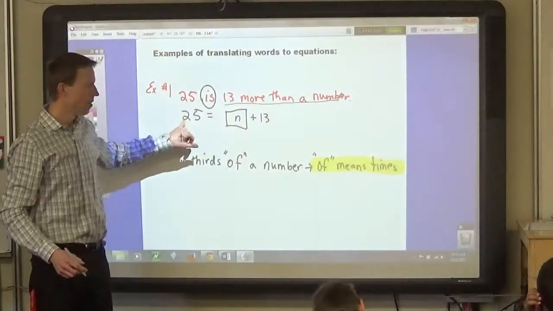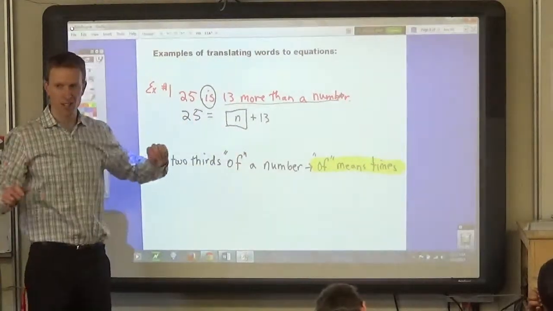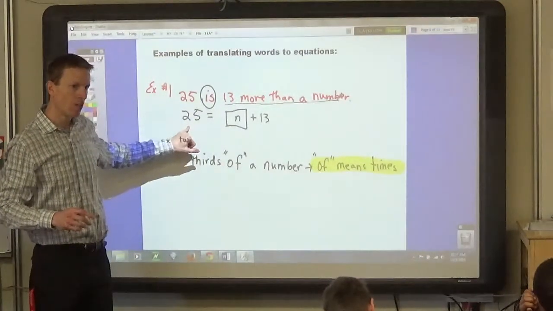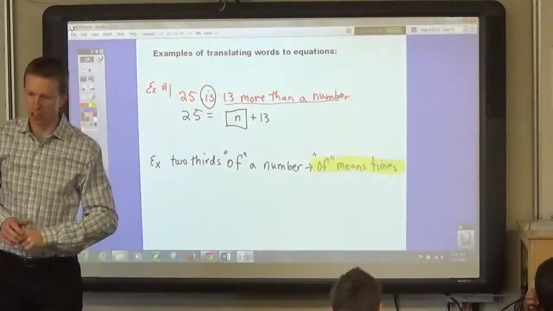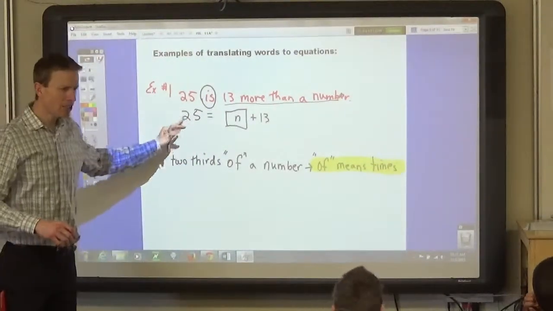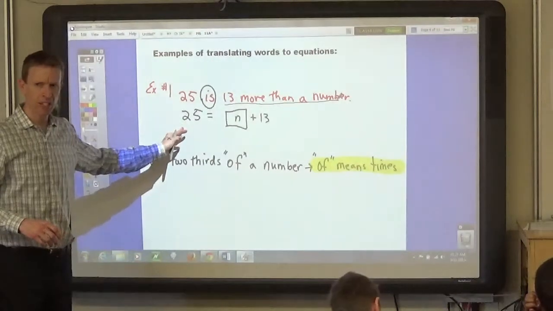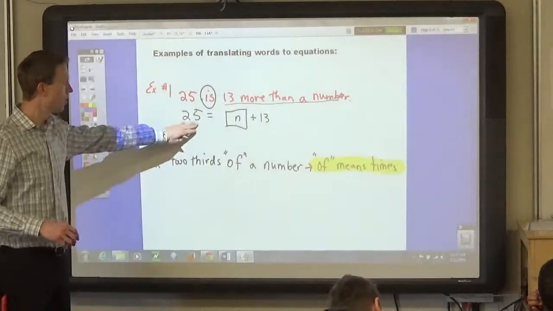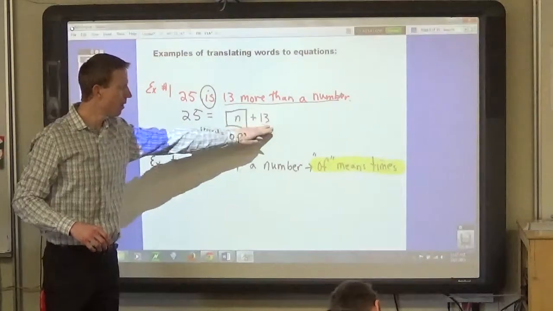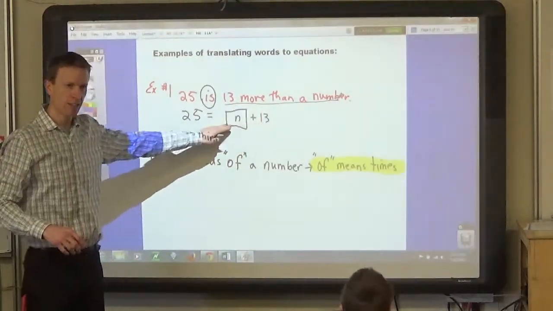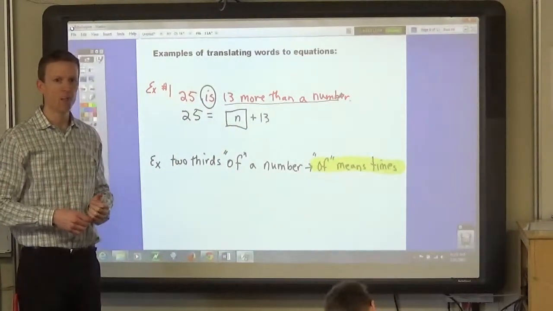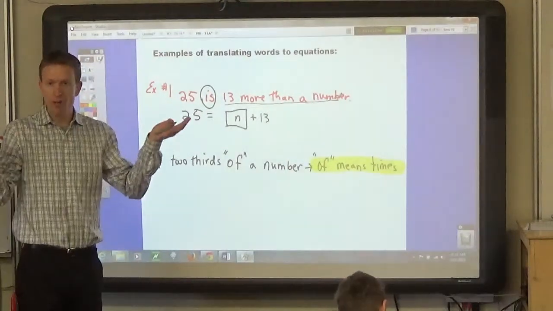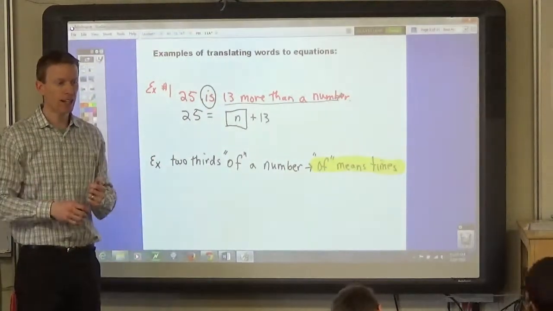Notice that the so-called answer, it's not an answer, but the single number or the numerical expression is on the left side this time. Does that matter in an equation? No, it doesn't. You can have the numbers on one side and the variable expression on the other side. Doesn't matter which side they're on, because on a balanced scale, they're equal anyway, right? One side is equal to the other side.